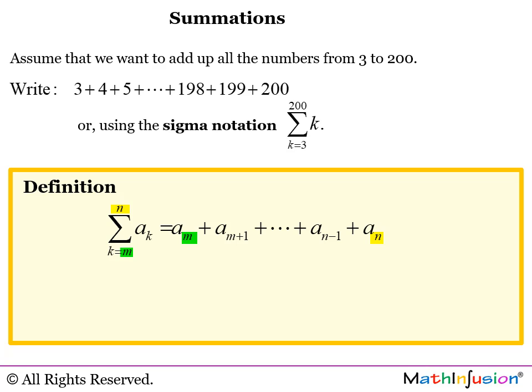And here's the definition for sigma notation. The sigma of a sub k when k runs from m to n is just the sum of a sub m plus a sub m plus 1 plus a sub m plus 2 plus, and the last one is a sub n.